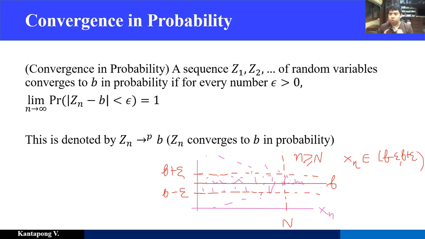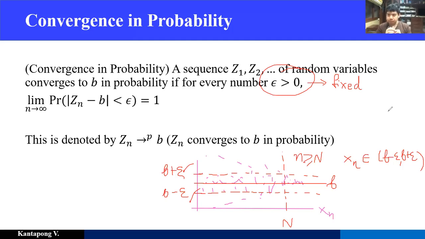So this is the intuition of convergence to a number in terms of a sequence, but in terms of probabilities, it's not certain like this. For convergence in probability, we keep the epsilon fixed, for every epsilon greater than 0, as a fixed parameter.